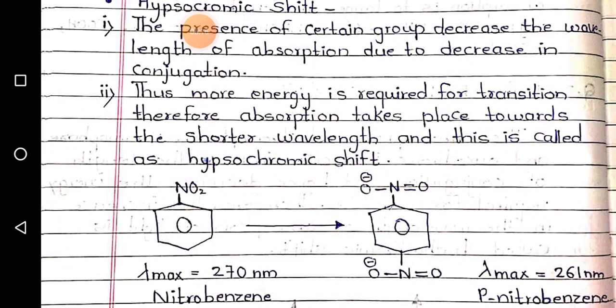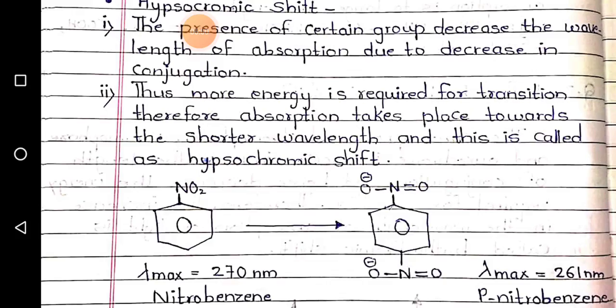You know that if any compound shows conjugation and that compound is attached with chromophoric groups, but you attach another chromophoric group to that particular compound, the chromophoric group is in general an electron-withdrawing group.